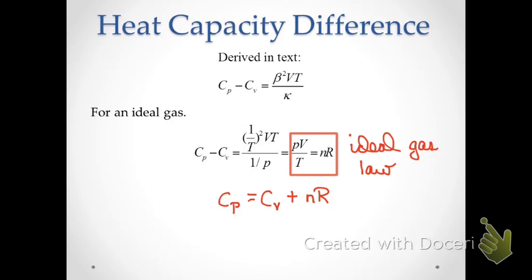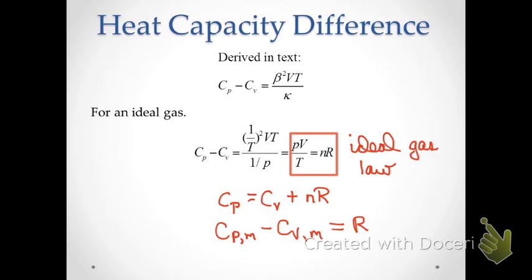This gives us the relationship that Cp is equal to Cv plus nR. You'll remember we mentioned this earlier for an ideal gas, that the difference between the two was simply n, the number of moles, times the gas constant. But here we've used the mathematical derivation to show that that is indeed the case.